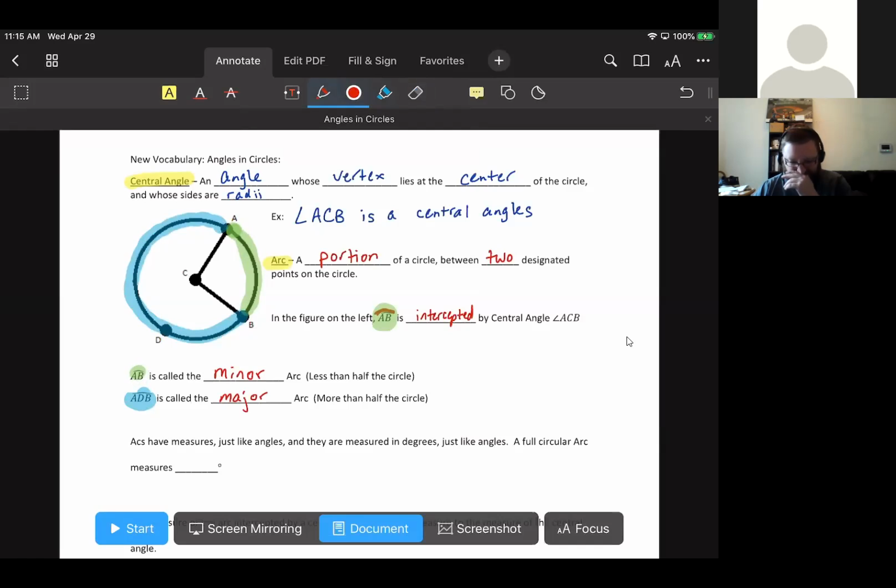Now, arcs have a degree measure, just like angles, exactly the same type of degree. They're measured in degrees, just like angles. And a full circular arc, we should already know, measures 360 degrees.